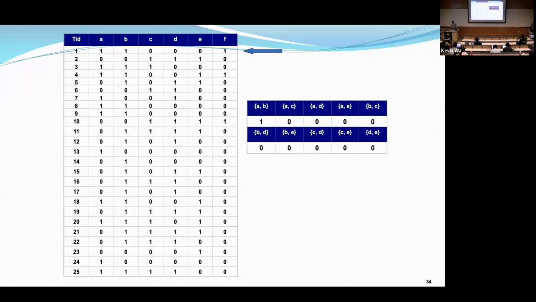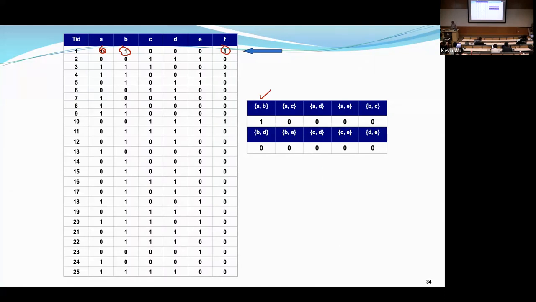The first transaction contains A, B, and F. So it contains AB, and therefore this support count is incremented by 1. Now, what about BF? BF is not in C2 because F is not frequent. So we do not have to care about the support count of BF, for example.